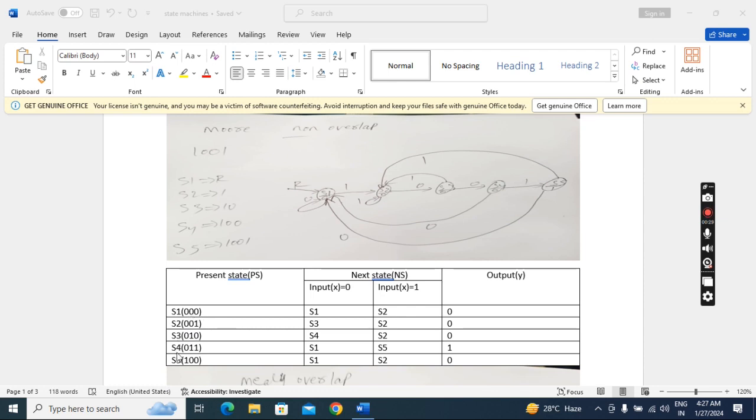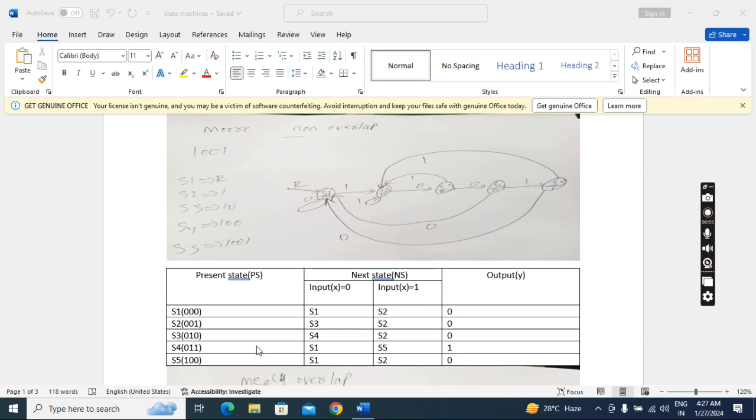Because of one extra state, there are a total of 5 states for the same pattern. So if there are 5 locations in the memory, 2 bits are not enough, no? So we need 3 bits. That's why we are encoding with 000, 001, 010, 011, 100. Out of 8 combinations, we can allot any combinations to these 5.